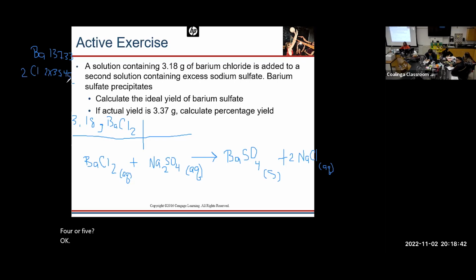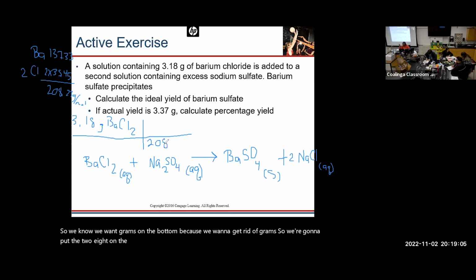208.43 grams per mole. We want grams on the bottom because we want to get rid of grams, so we put the 208 on the bottom, and we want the 1 mole on top.